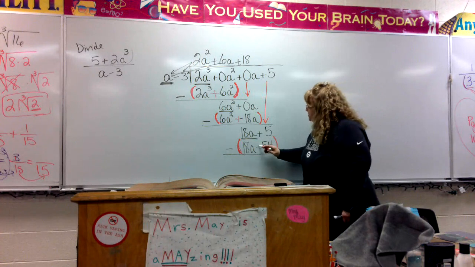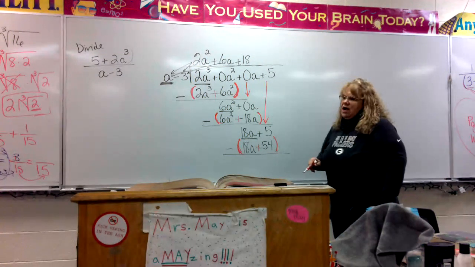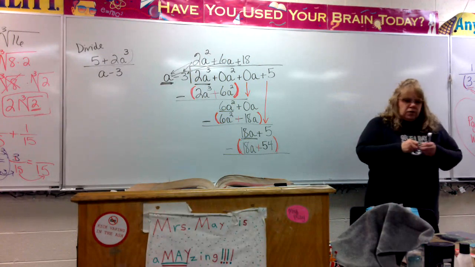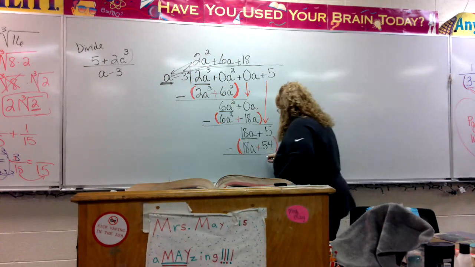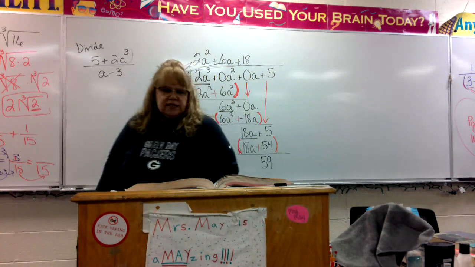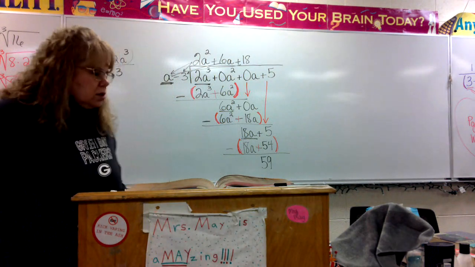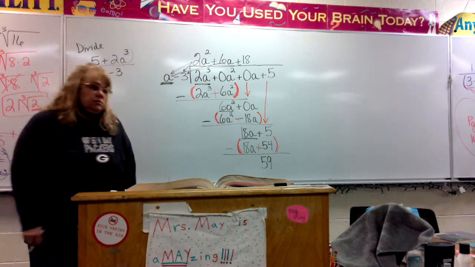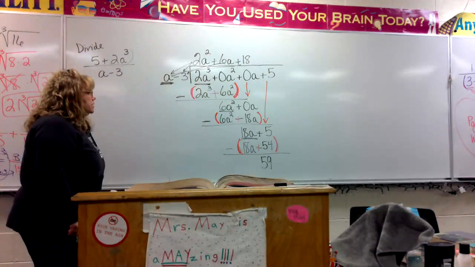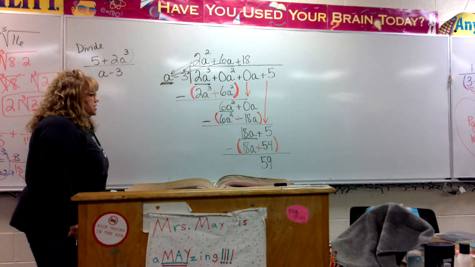When you subtract negative, really, it's like adding it then, right? Oh boy, 5 and 54. 59? Did I screw up? No. That seems like an awfully large remainder, but that's what they got. So I didn't make a mistake.